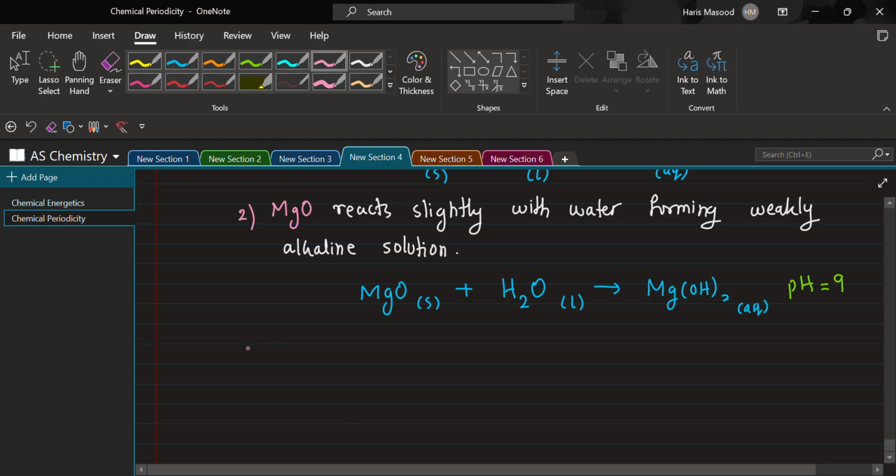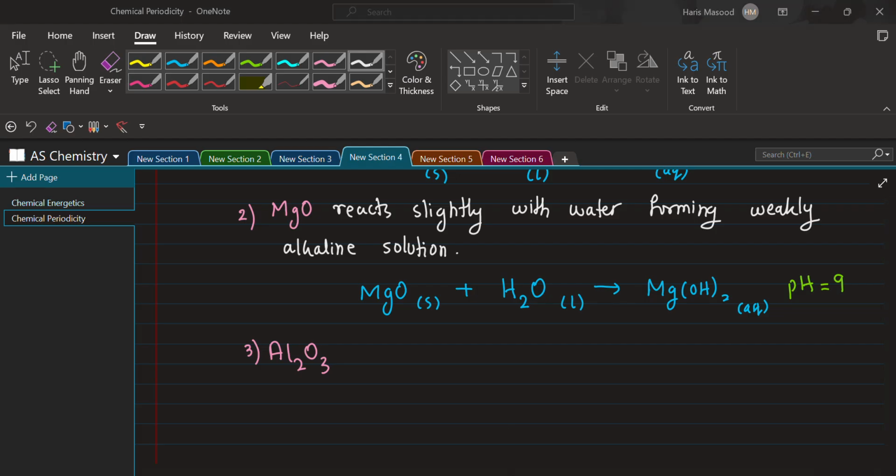Aluminium oxide does not react, because it has a giant, high lattice energy, so it won't break down into the ions. That is why.